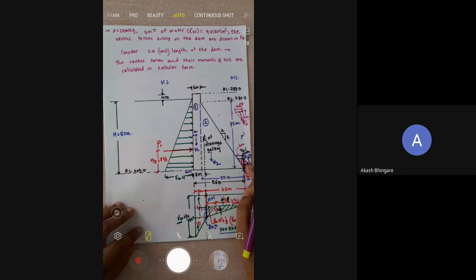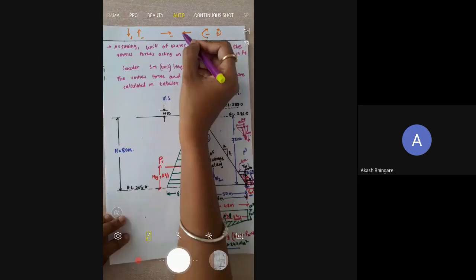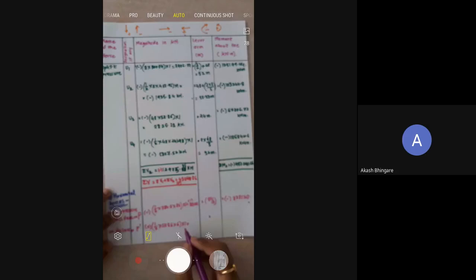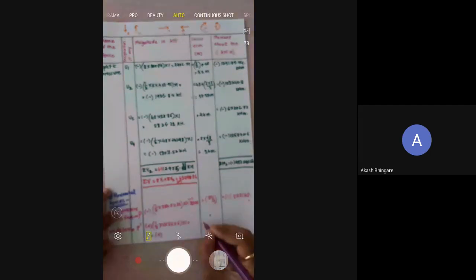As this P dash is acting towards reservoir or towards left, therefore it will be positive sign. Write its value over here. Now the lever arm distance will be, again a triangular pressure distribution is there, so it will act at h by 3 from base. So directly you can write 6 by 3 or 2 meter.